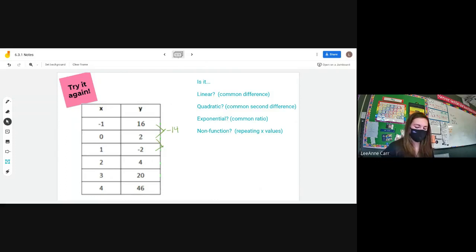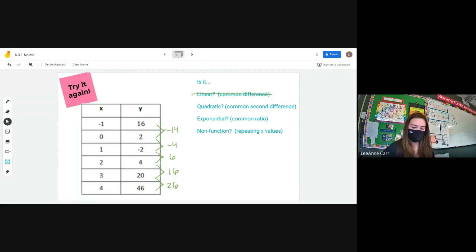Negative 2 minus 2 is going to give me negative 4. 4 minus negative 2 is going to give me 6. 20 minus 4 is going to give me 16. And 46 minus 20 is going to give me 26. I notice that these obviously are not the same numbers, so I have eliminated that linear option.